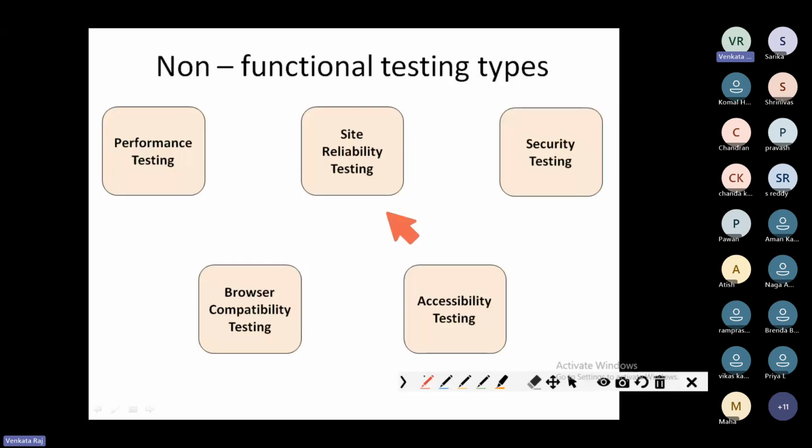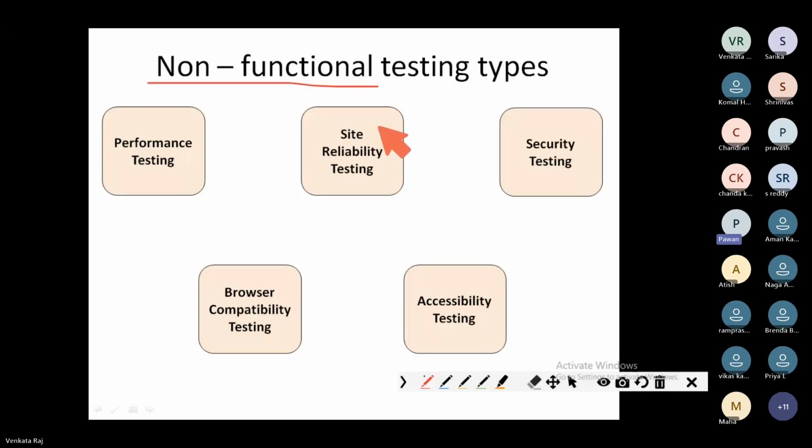Whether you are able to see the results or not, that is functional testing. But how fast you are able to see the results, that is non-functional. Do you understand the difference between functional and non-functional?